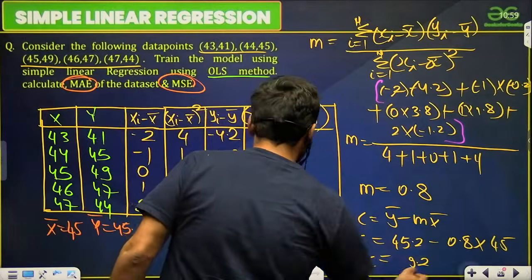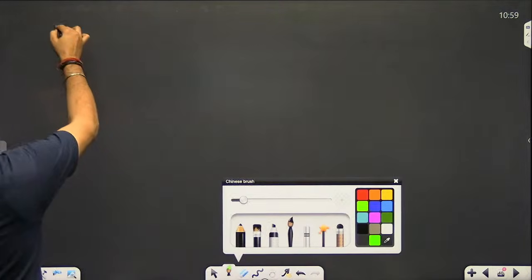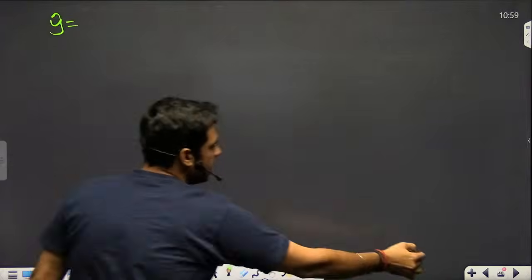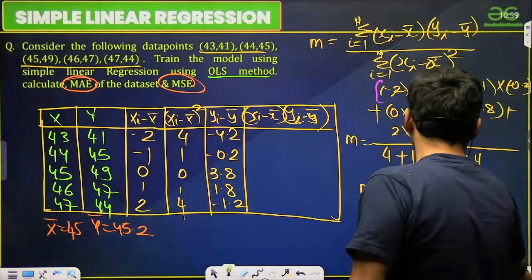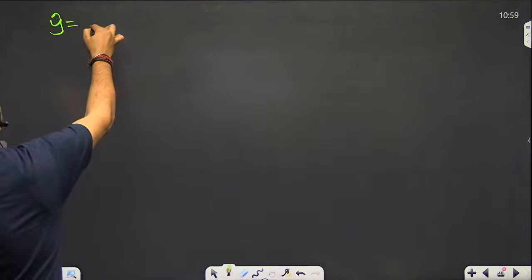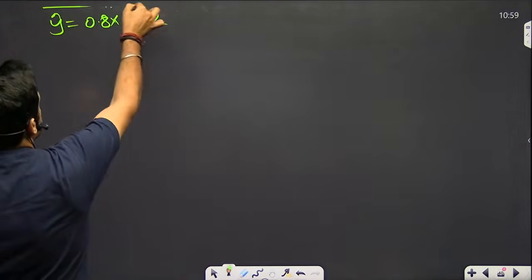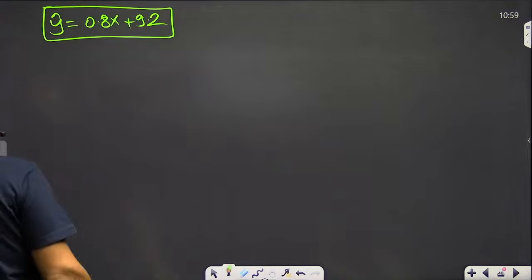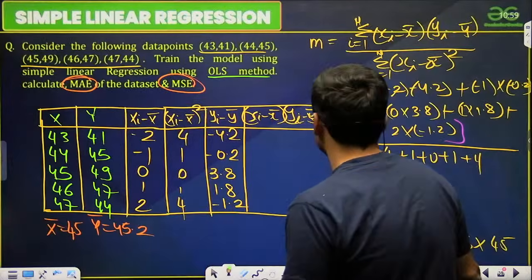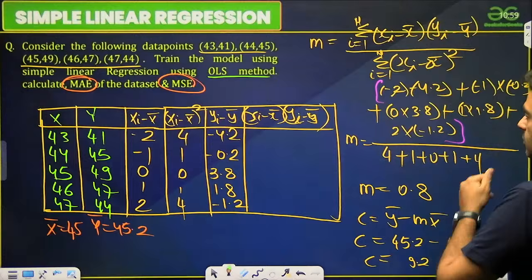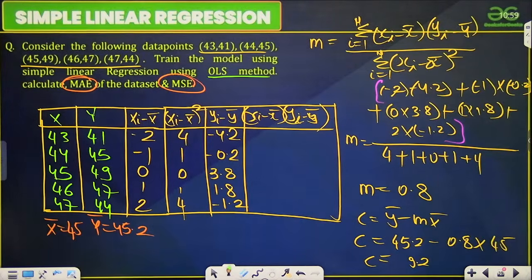So the equation is y hat equals 0.8x plus 9.2.